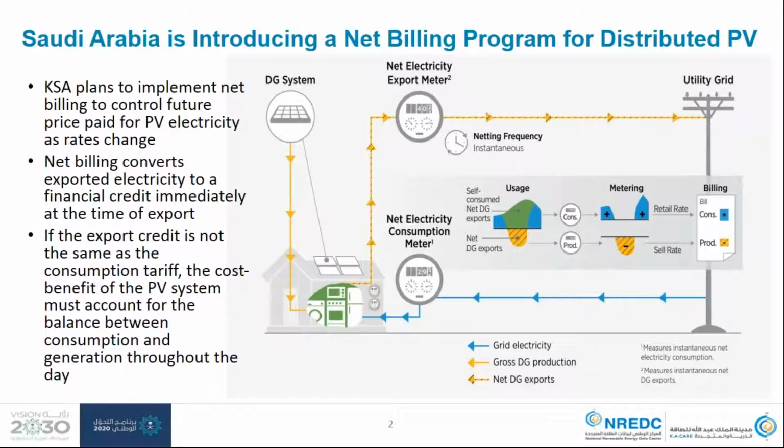So it would look the same as net metering if your export tariff and your consumption tariff were the same. But the main reason for using net billing is for that to not be the case. In particular, if you anticipate electric rates going up in the future, once someone has installed their PV system, you don't want to increase the amount of remuneration they're getting for exported electricity. Net billing is a good solution for that.